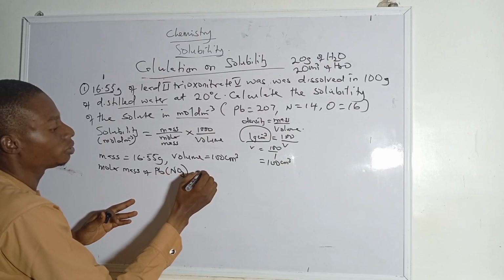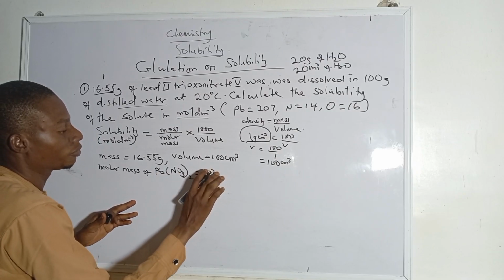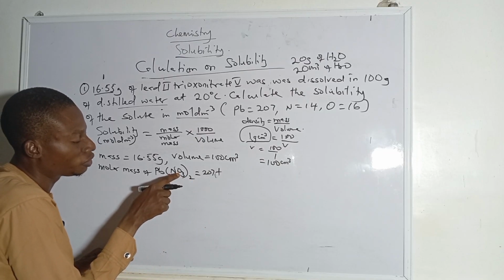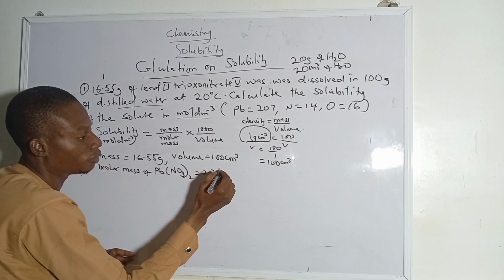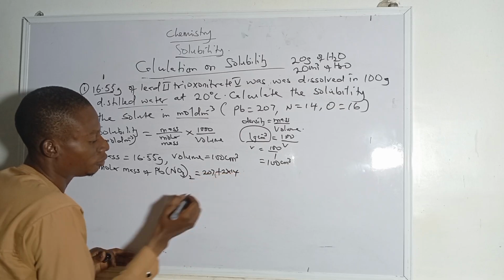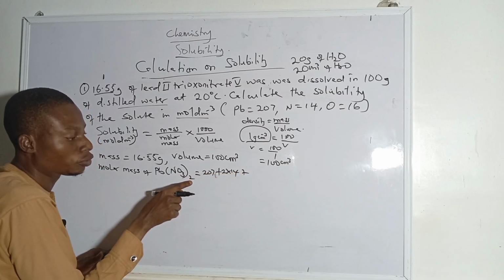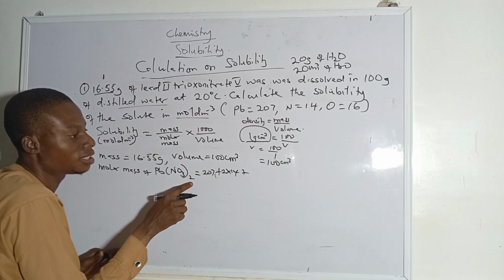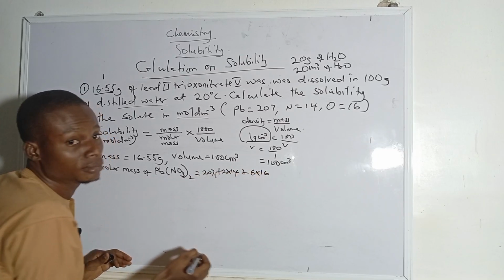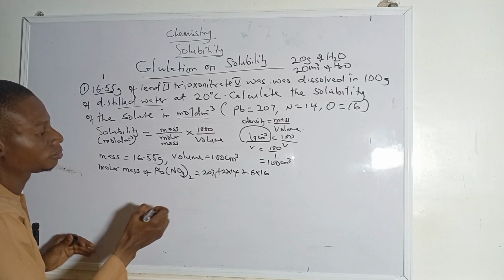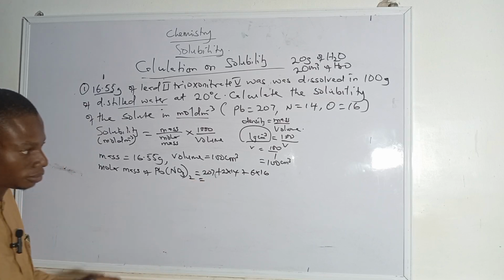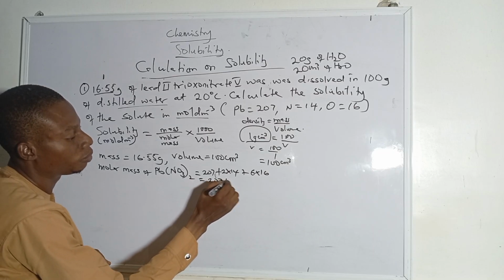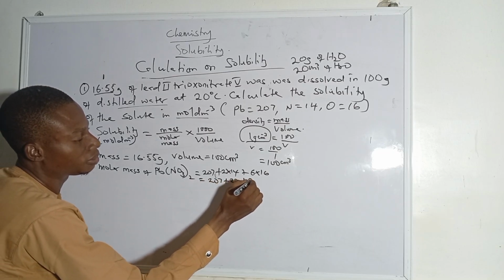Lead is 207, plus, the 2 is for both oxygen and nitrogen, so nitrogen will be 2 times 14, plus, this 2 is also for oxygen. Oxygen is having 3 inside, so it's multiplication: 3 times 2 is 6, so that will be 6 times 16. So what will be the final answer? You can use your calculator. This one is 207 plus 28 plus 96.